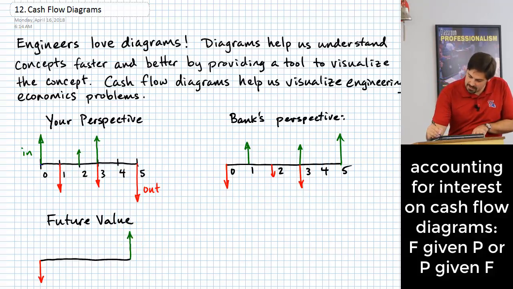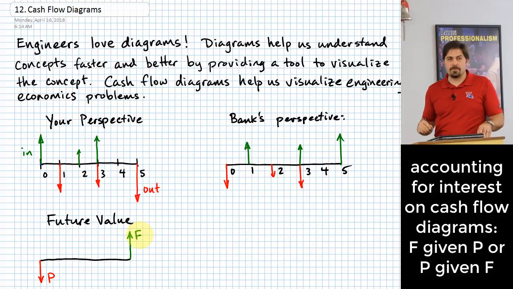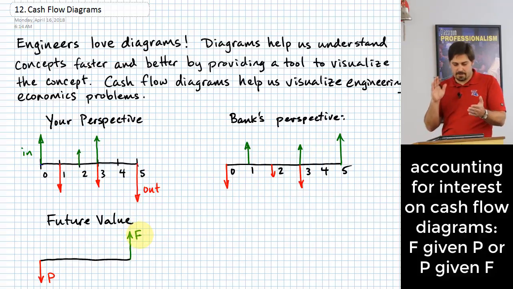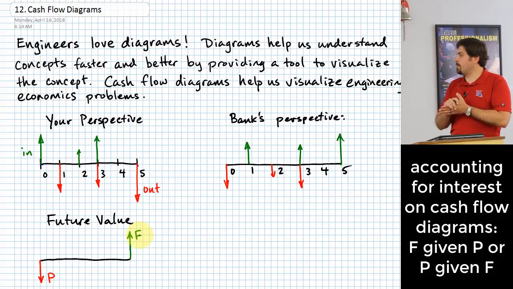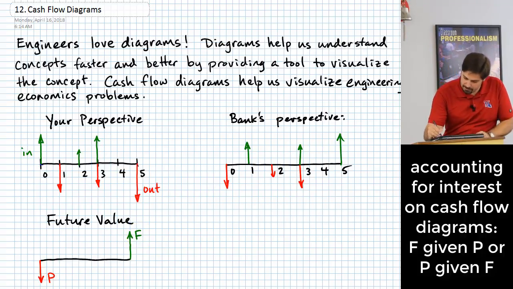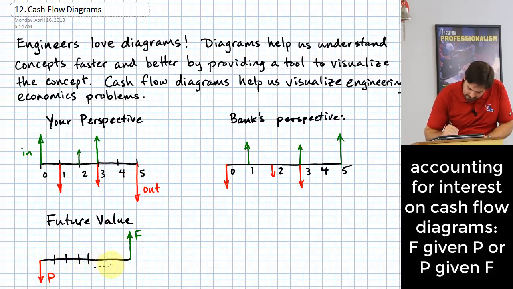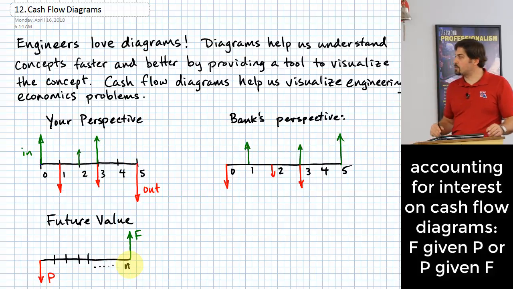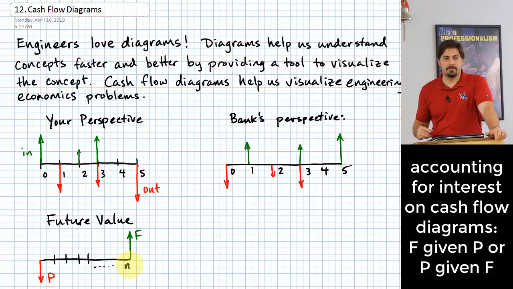So this was P and this is F, being present and future value. Let's say you are depositing a certain amount of money right now, P. You wait a specified number of periods, out to N periods. How do I know how much future value I get out of that account?